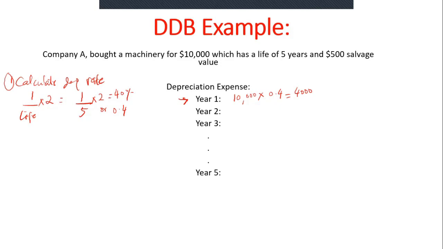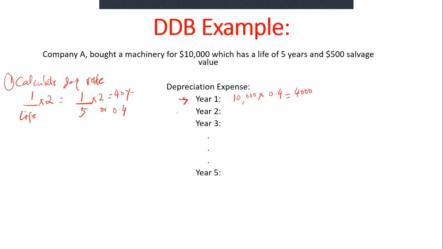In this case, we will not see the same depreciation expense for year 2 and year 3, which was the case in straight line method. That's why it's called straight line method, because the depreciation expense is constant over the useful life. But in double declining method, that is not the case.